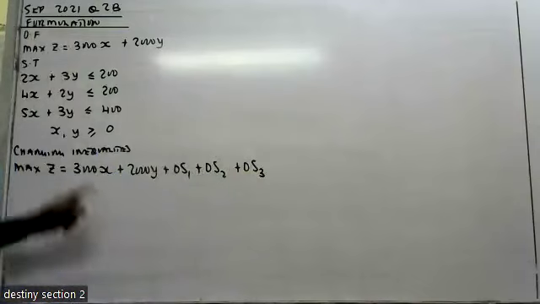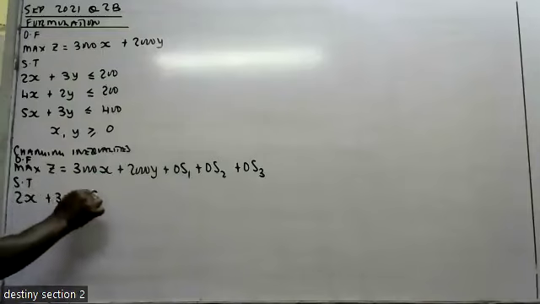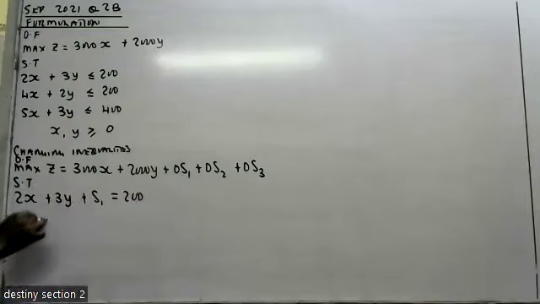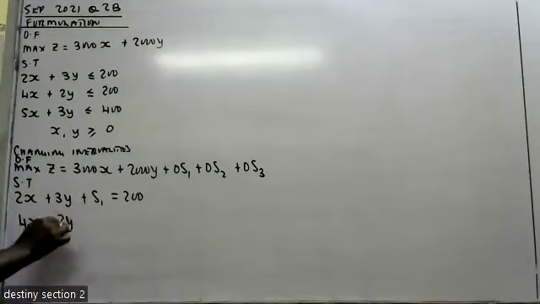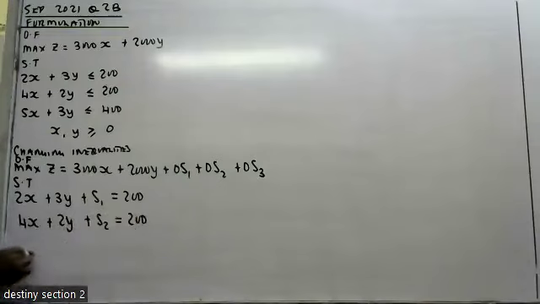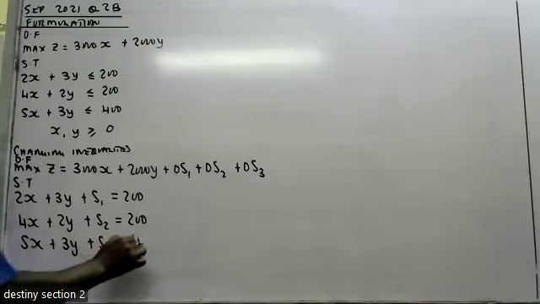Because you have 3 resources, so each of them has an S. Subject to, this was the objective function. So subject to 2x plus 3y plus S1 is equal to 200. 4x plus 2y plus S2 is equal to 200. 5x plus 3y plus S3 is equal to 400.